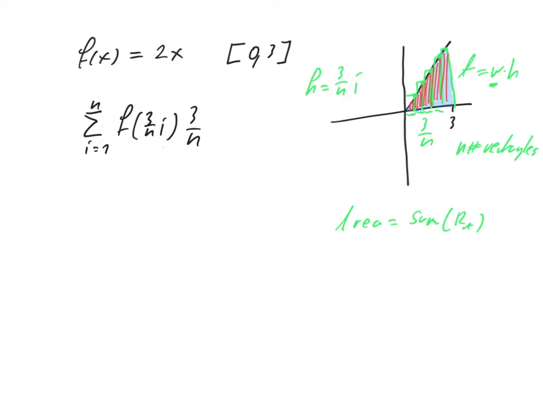So the more rectangles we have, the better our approximation. And there's a tool that we already know that we can use for this, which is called the limit. In this case, we want to have many of them, so we can just say that n, so the number of rectangles, should go to infinity. So this is basically what we want to solve now. This is our area.